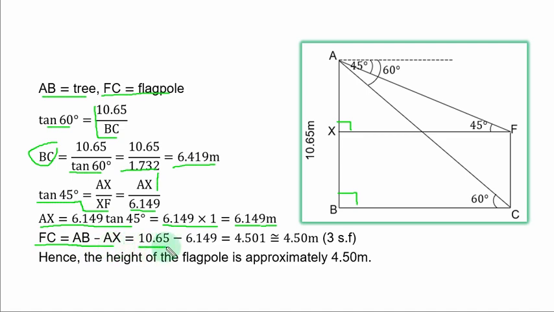That is 10.65 minus 6.149, and you have 4.501, to 3SF, that is 4.50 meters. Hence, the height of the flagpole is approximately 4.50 meters.